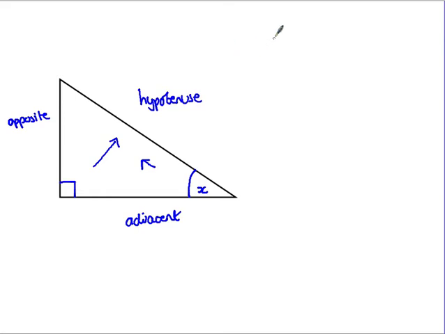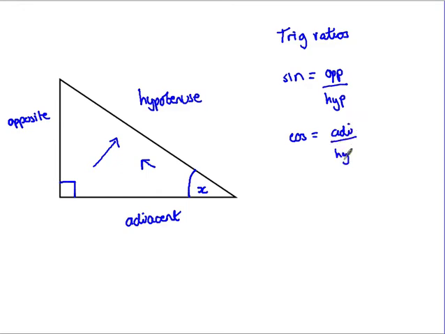Now, from all of these three things, we have what you call the trig ratios. And they are that sine equals the opposite divided by the hypotenuse. The cosine equals the adjacent divided by the hypotenuse.